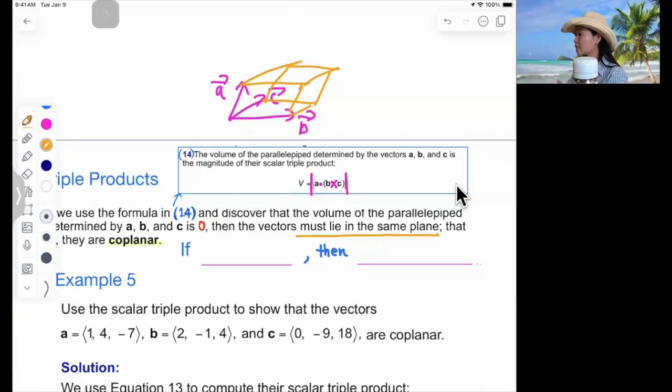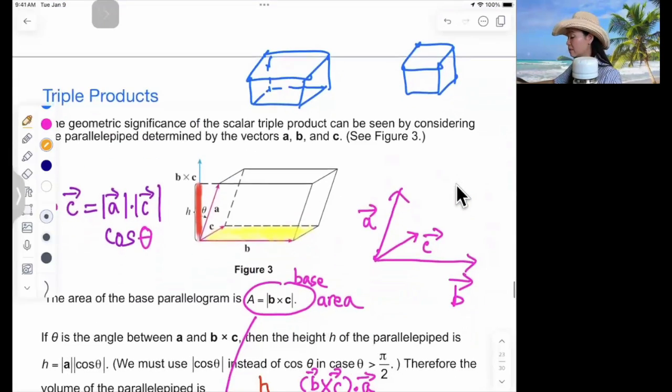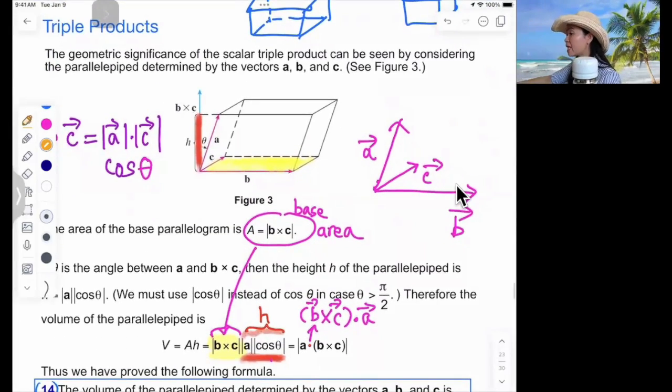Question: I still don't understand the volume, why is H equal to the magnitude of A times the absolute value? Remember, how do you find the volume of a solid?